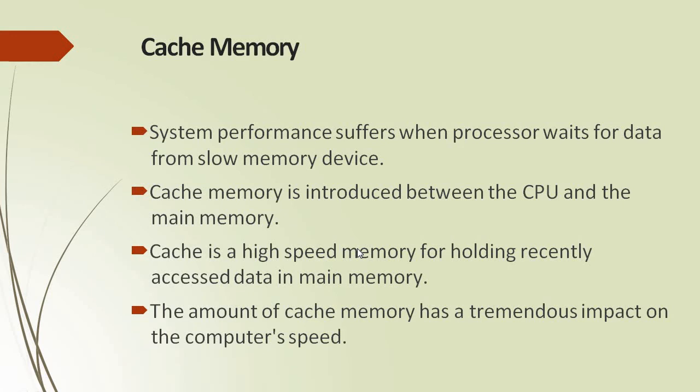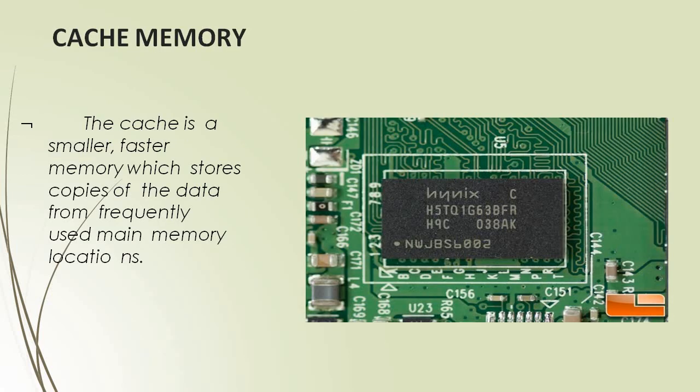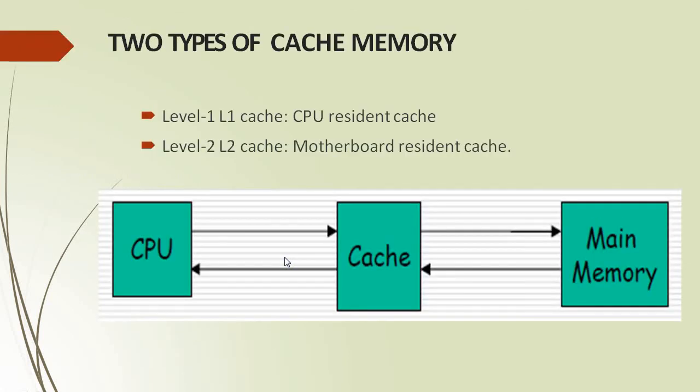Now cache memory, which is the fastest memory and very helpful for the CPU, acts as an interface between the CPU and main memory. Here is the figure of cache memory. You can see it is the fastest, smaller size memory. And here is the type of cache.